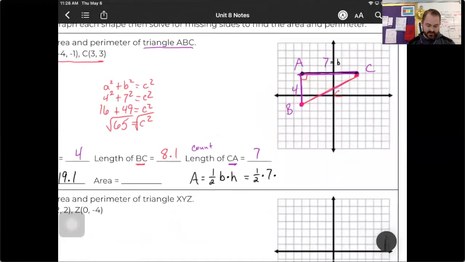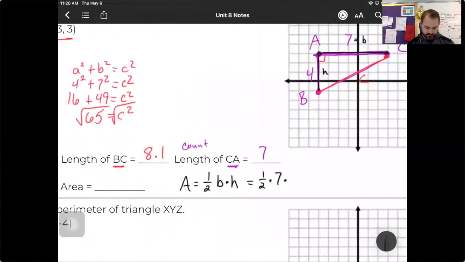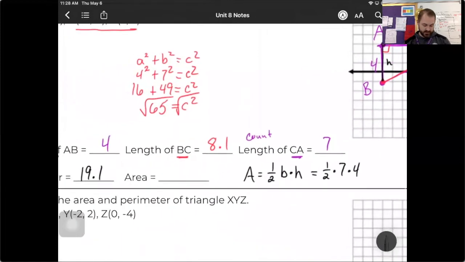And then this segment AB is perpendicular, so that's the height, 4. And then I would just multiply 7 times 4 first, that's 28. 28 divided by 2 is 14. So that's how we find area and perimeter. Let's try another example like that.